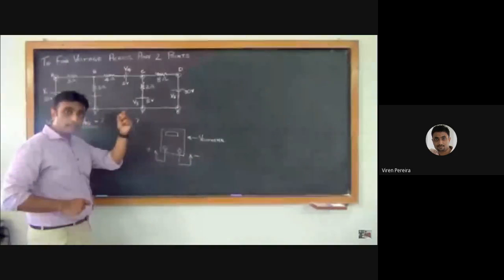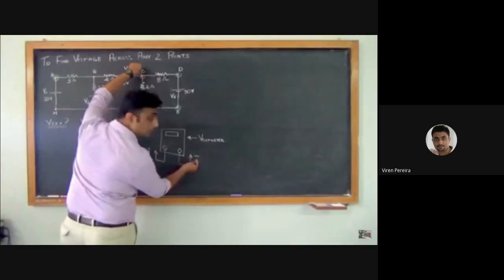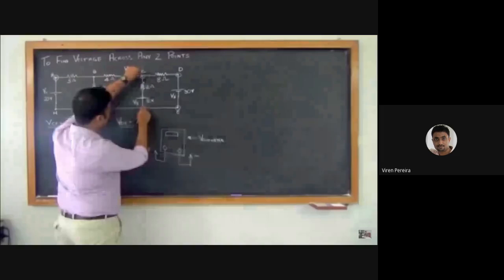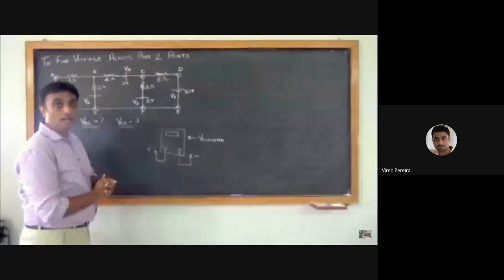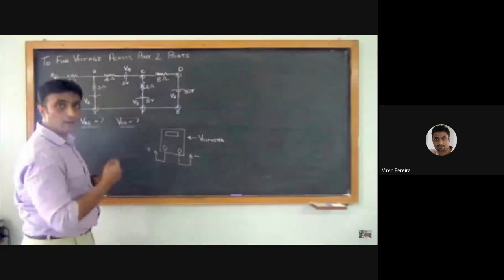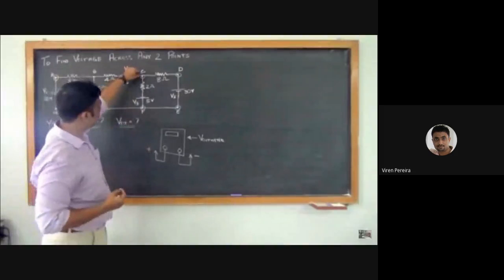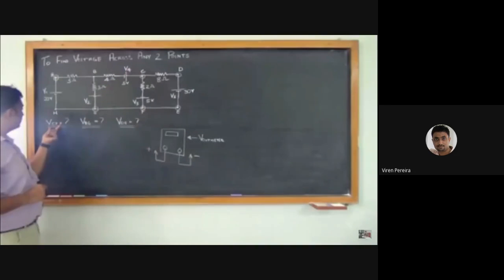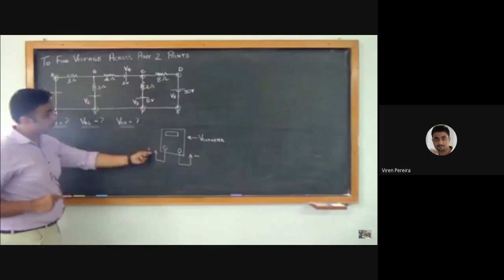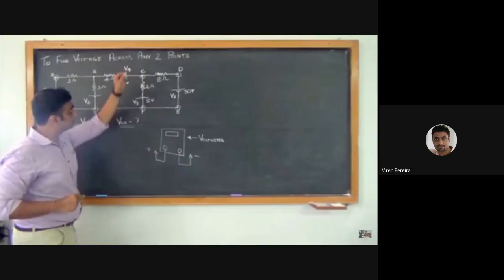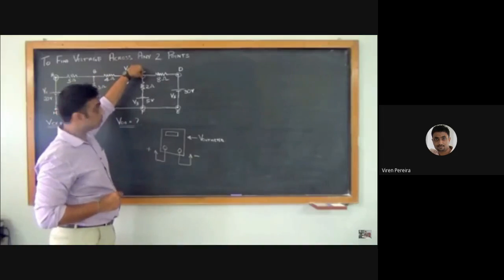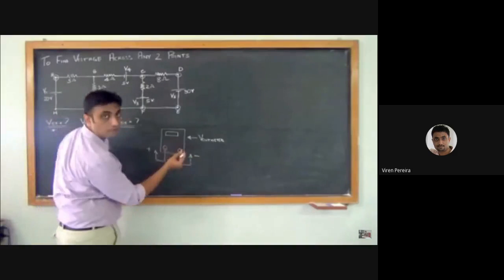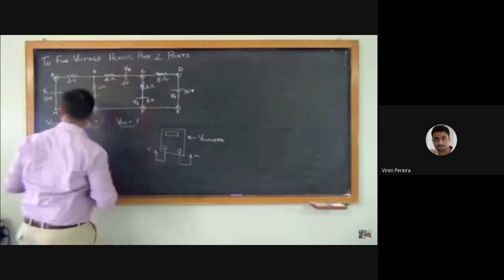So the red wire or the red terminal will be connected to C and the black wire or the black terminal of the voltmeter will be connected to F. So if you want to find the voltage VCF, the positive terminal will be connected to the first point, that is C, and your negative terminal of the voltmeter or the multimeter will be connected to F.